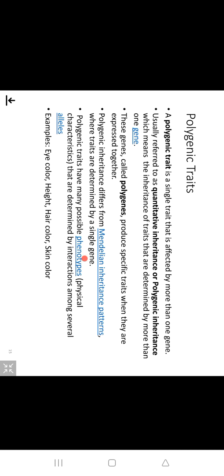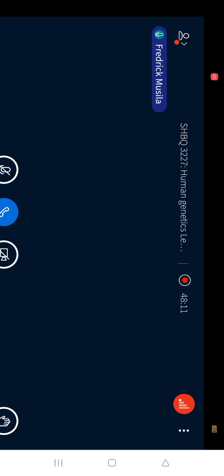It depends on the genes you get from your parents. If you get more of this or more of that, then your eye color will be this. The same applies to your skin color. If you get more of the dominant genes, you become black. If you get more of the recessive genes, you find that you are light. You have a light skin.